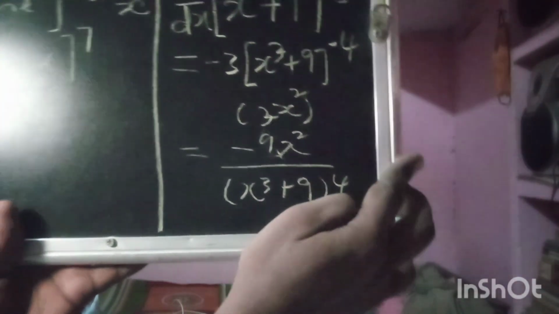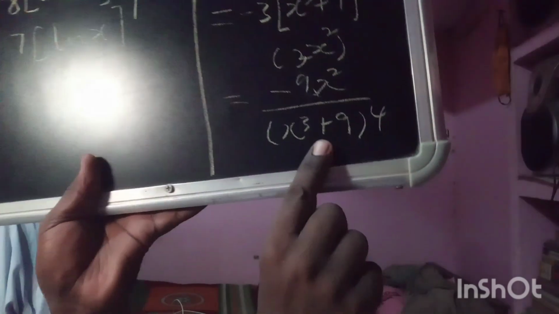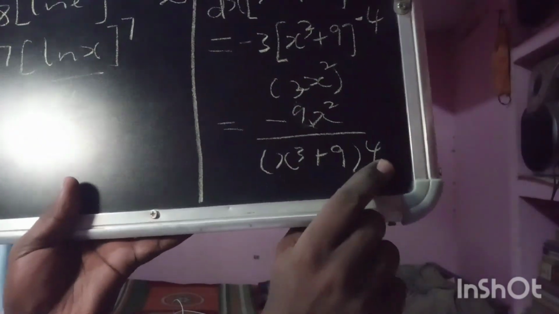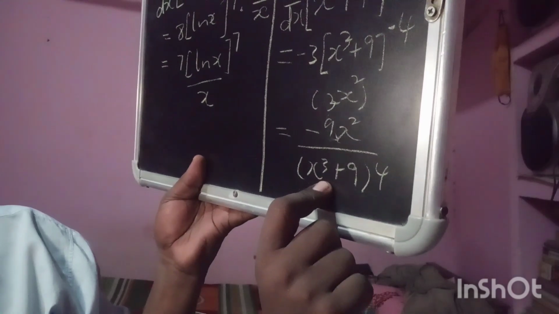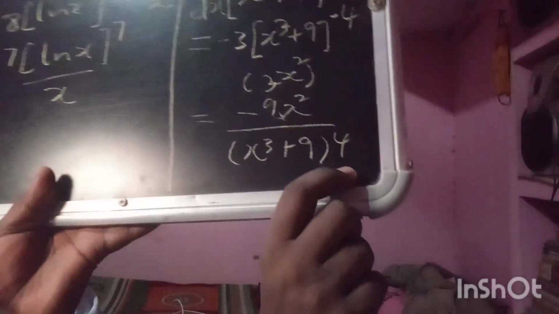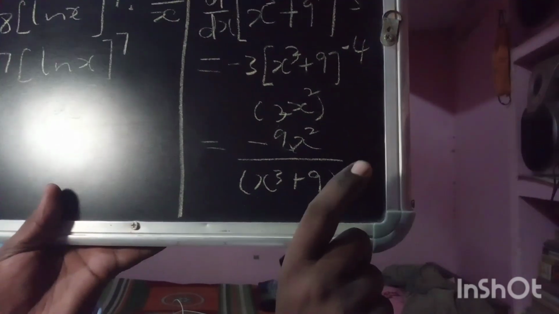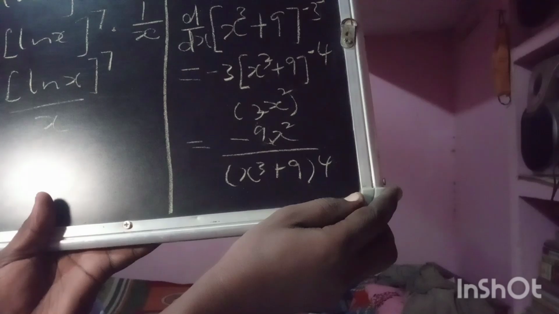Minus 9x squared over, this one will come down here, now it becomes a positive. So you can see it's (x cubed plus 9) to the power of 4 as a positive. So this is the solution. This is the answer.